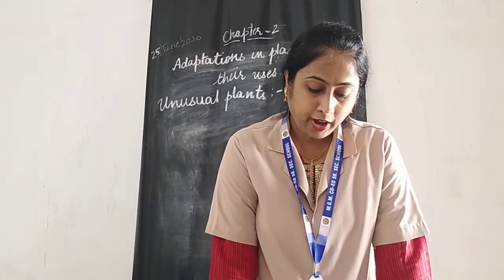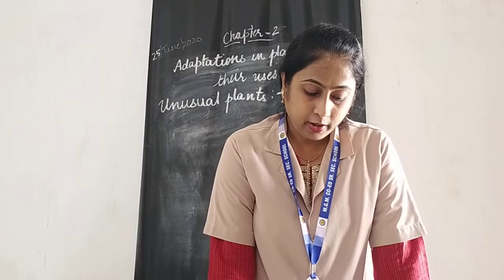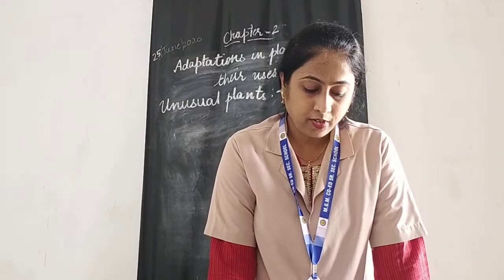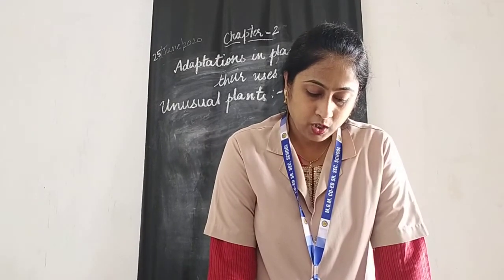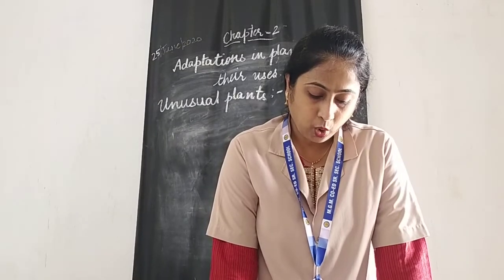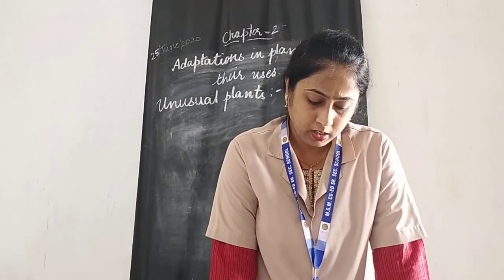Okay, clear? Then activity 2. Look at the pictures of aquatic plants carefully. Identify the plants and write their names, adaptations found, and advantages of the adaptations in the space provided.